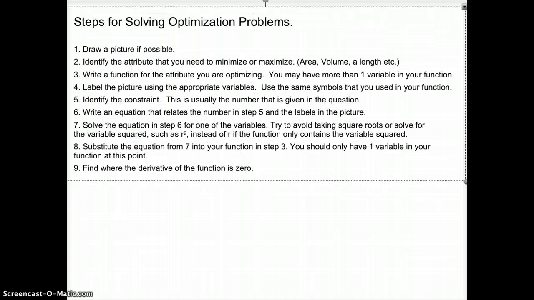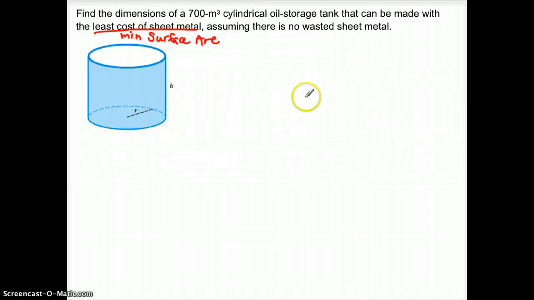The next step is write a function for the attribute you are optimizing. And optimizing just means minimizing or maximizing. It says I might have more than one variable in my function, so we need to write a formula for the surface area of a cylinder. Now it doesn't really specify if it's going to include the top and the bottom. Since it's a storage tank, I'm going to assume that you need a top and a bottom on it.